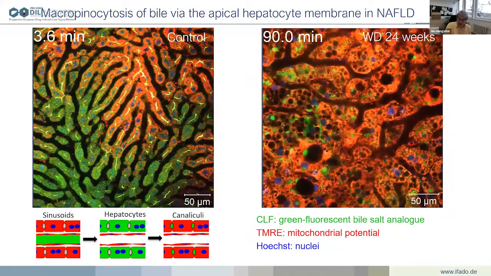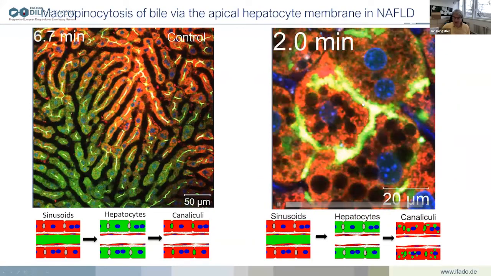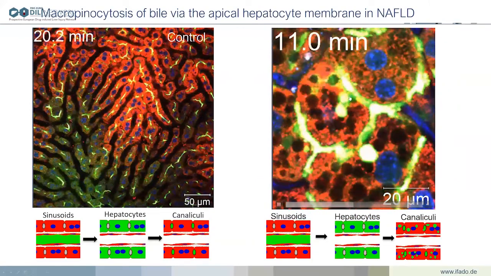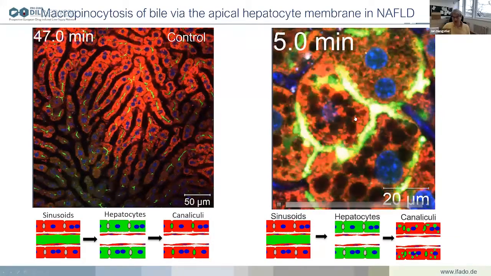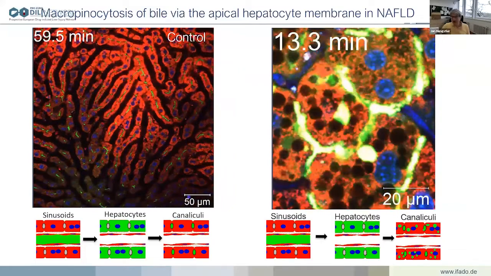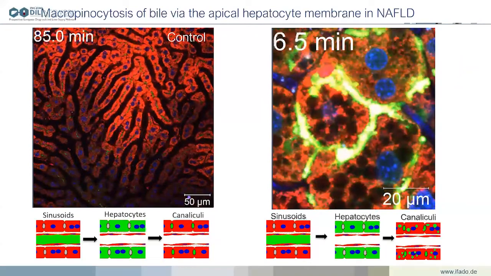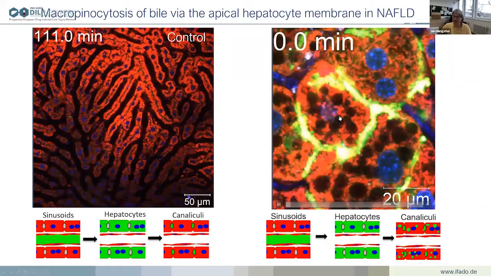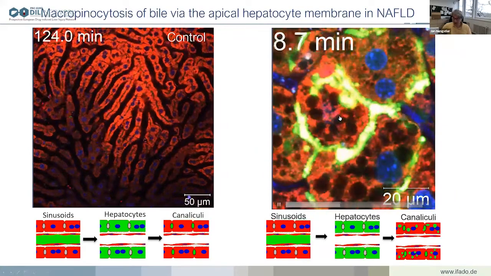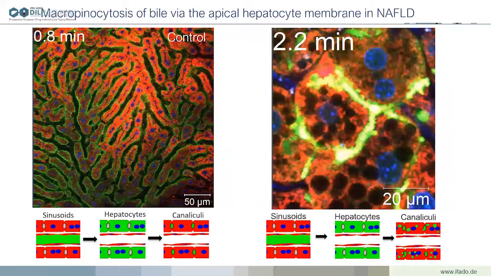If you show this in enlarged way, you can see that this vesicle forms, it originates from the biocanaliculi. And this is a typical situation in a chronically damaged liver, where we see this vesicular reuptake of toxic bile. And this contributes to liver inflammation and to progression of steatohepatitis.